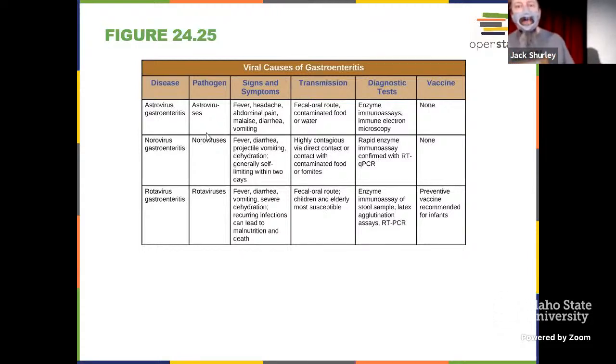Technically, all of them, we think, sort of fecal oral situation, relatively contagious to highly contagious with the norovirus. So all different, slightly, if we looked at them with an electron micrograph, their appearances would be different, but that matters not. All right, we don't care what these guys look like. So fever, diarrhea, headache, kind of commonalities, like we said, maybe some projectile vomiting that might set it apart a little bit.